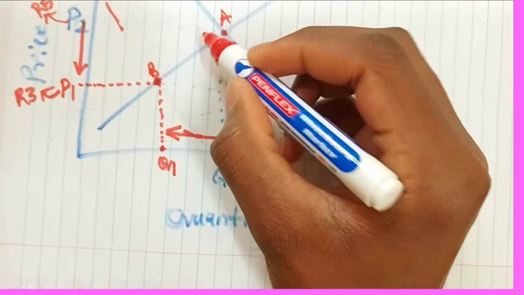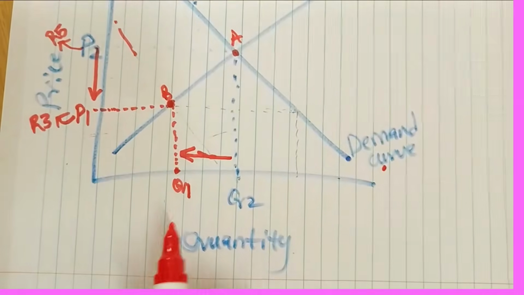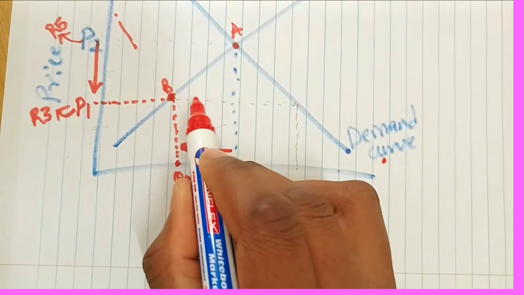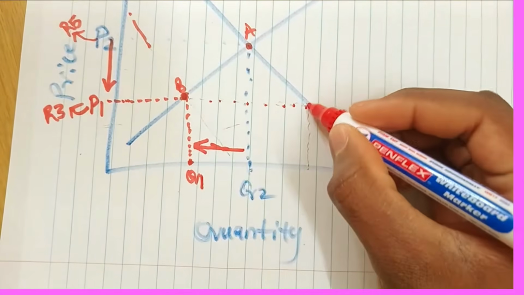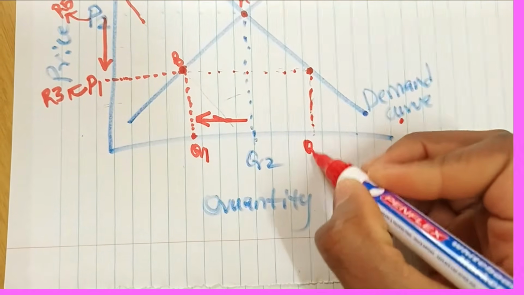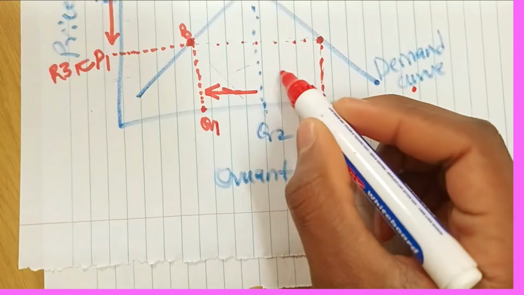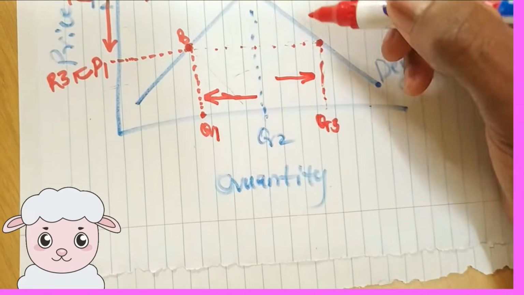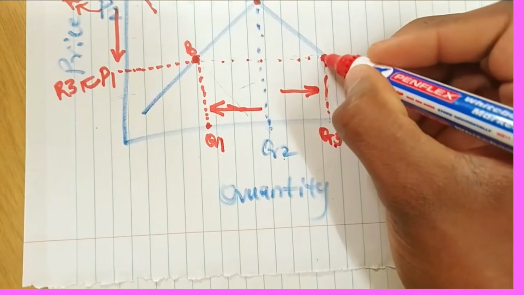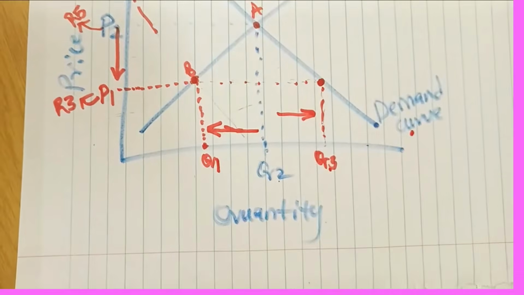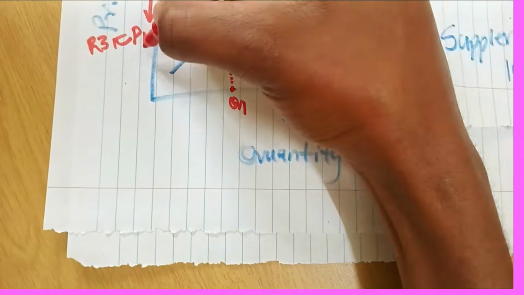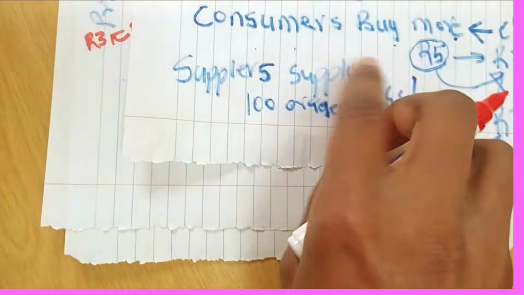Right. So the amount demanded is now here. This is the amount demanded. That means now they demand how much? This is on Q3. So the demand increased, as you can see, from Q2 to Q3. That's why we said the price decreases; you can see the consumers buy more.